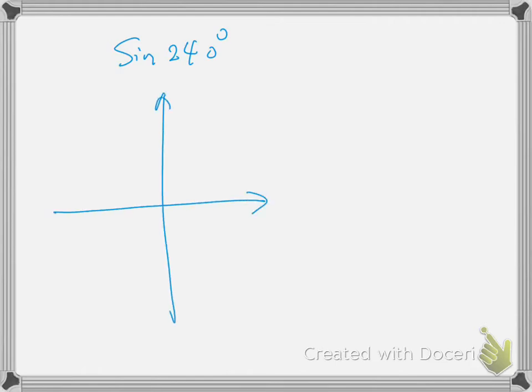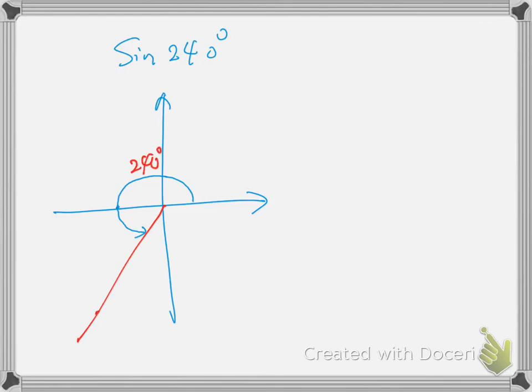Okay, so now let's find sine of 240 degrees. Again, we need a right triangle in the plane. So first 90 and then 180. The next one is 270, which is too big, so we stop here. We got the terminal side for 240 degrees.